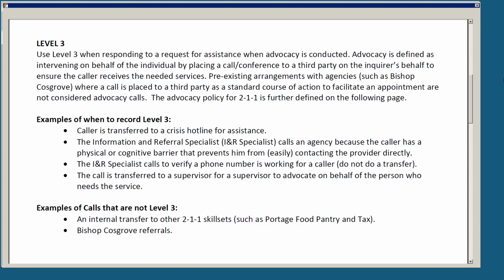The navigation specialist calls to verify that a phone number is working for a caller, but does not actually do a transfer. The call is transferred to a supervisor for the supervisor to advocate on behalf of the person who needs the service.